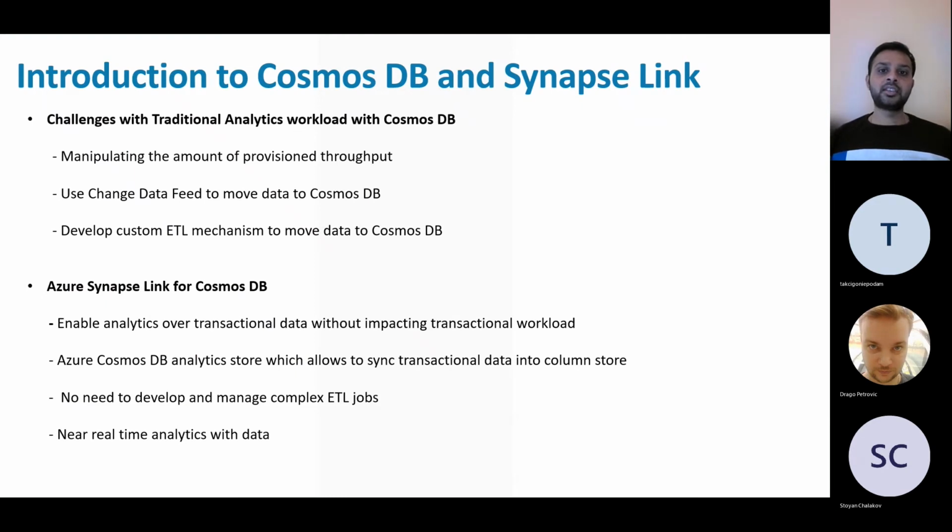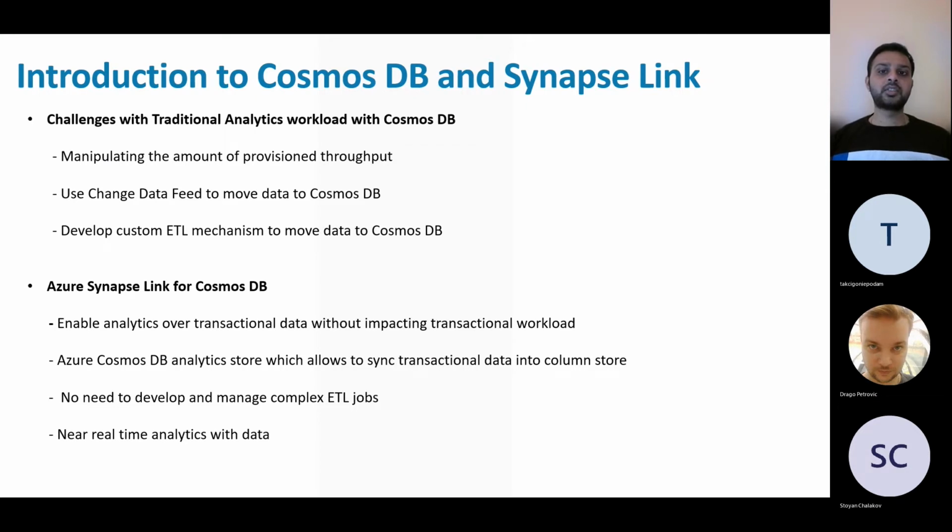Let's start with the introduction to Cosmos DB and Synapse link. So first of all, before we talk about Cosmos DB and why we need Synapse link, we need to understand what are the challenges we currently have while working with the traditional workload. There are various traditional databases available in the market. It can be relational or it can be a non-relational database like Neo4j or any other database.